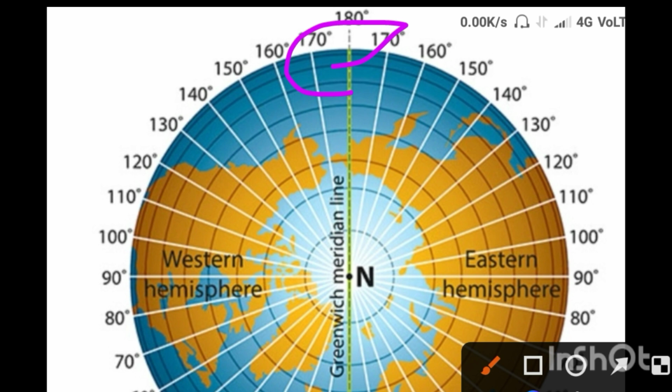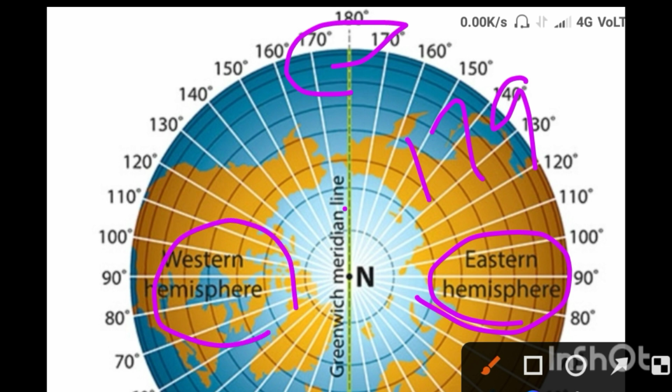I told you that at the north pole and south pole the line becomes smaller and smaller, and finally so small that it becomes a dot. The geographers said we should not include the dot. That's the reason the eastern hemisphere is 179 degree and the western hemisphere is 179 degree when we calculate.